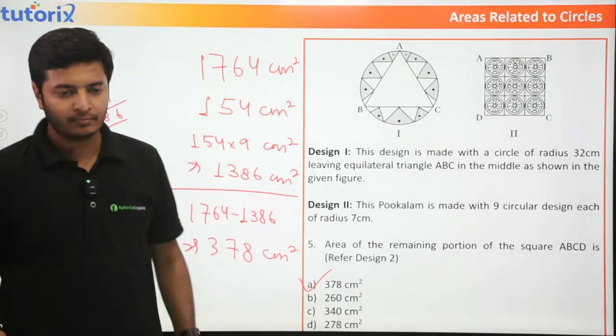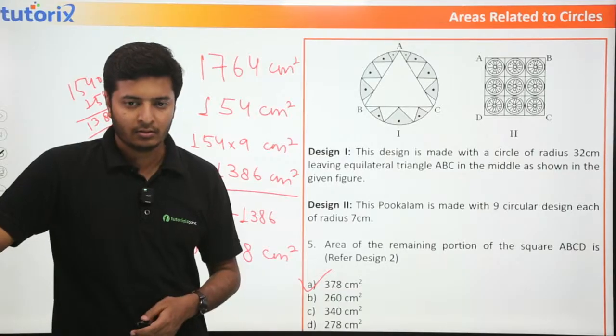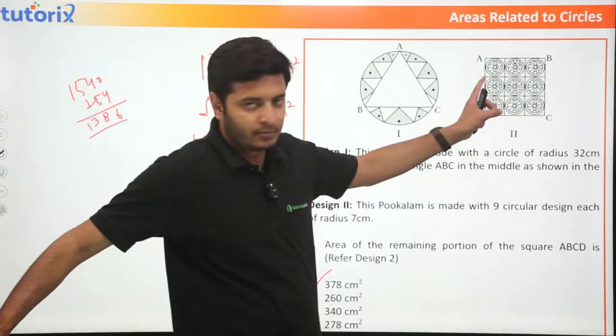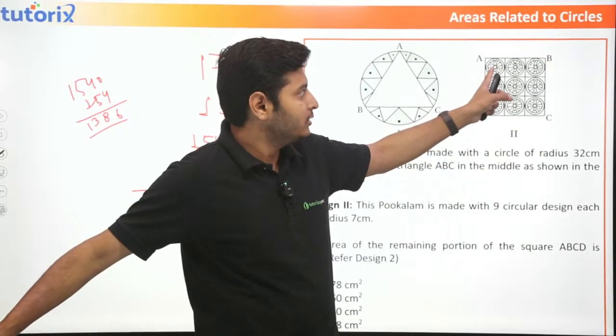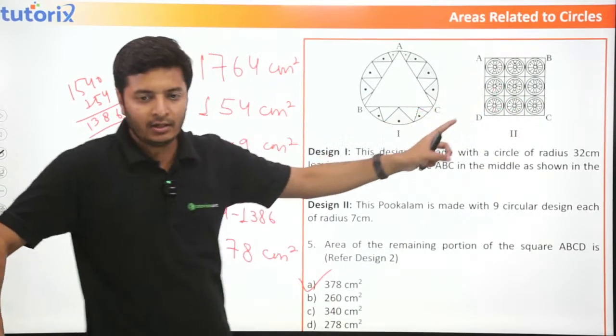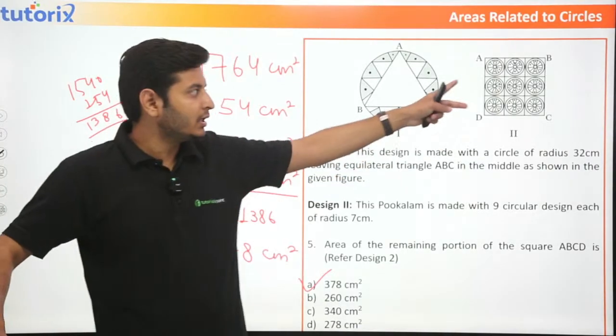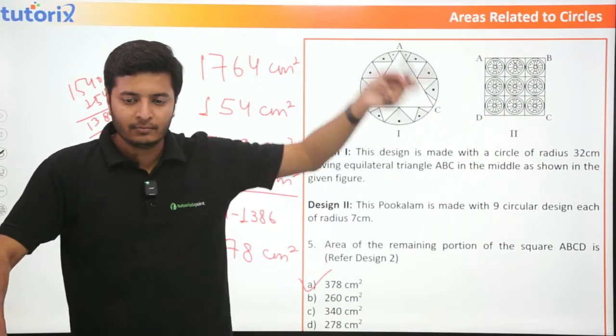Option 1. Correct. Remaining portion is what? The area of the square subtracted by the area of each circle. So one of them has area 154 centimeter square. 9 of them will be 154 into 9. So subtract this area from 1764.